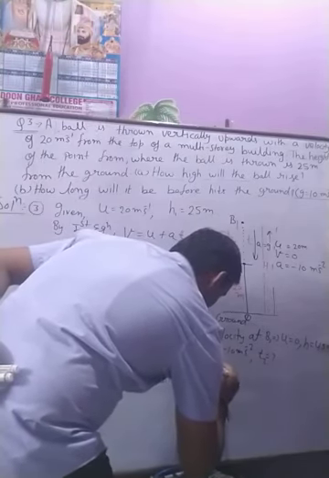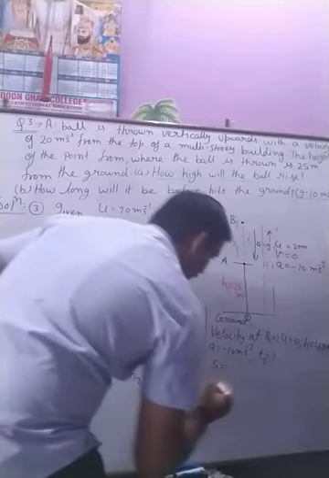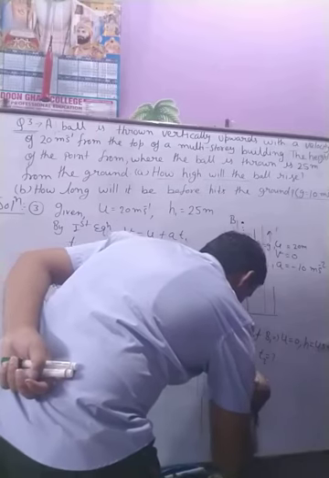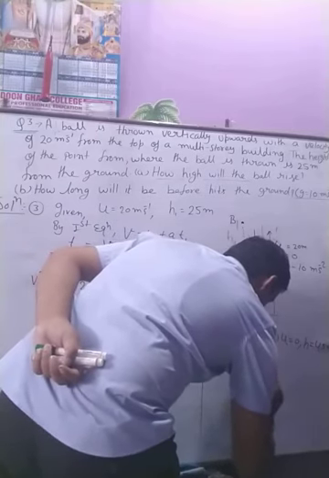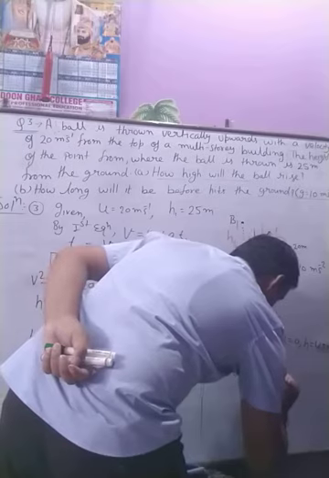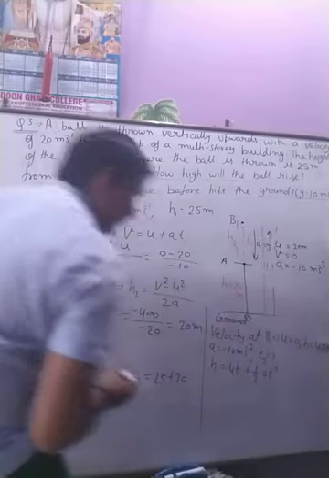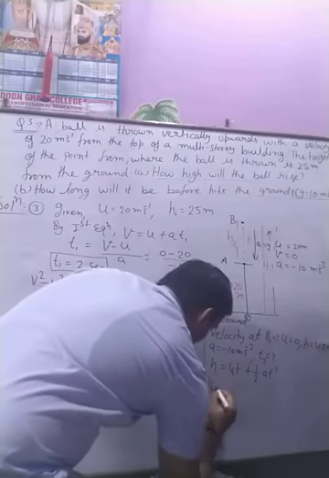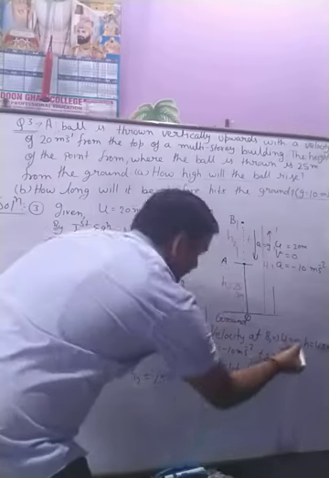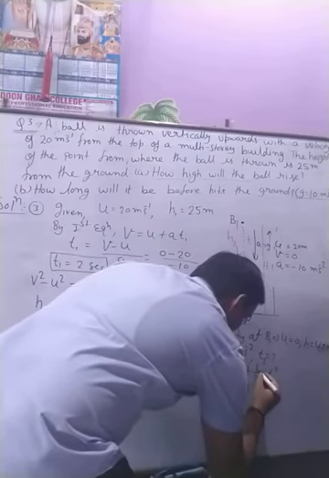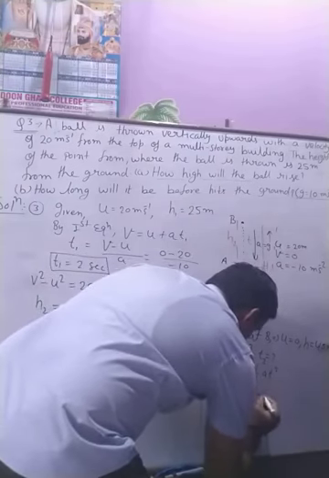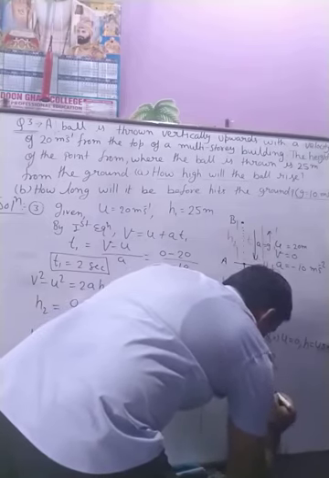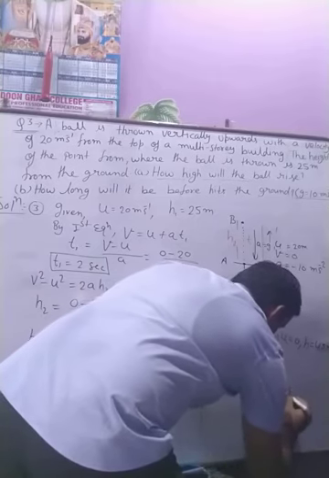Therefore by second equation we have S, or we say H, is equal to ut plus half at square. Okay, now this is 45, u is 0, plus 1 by 2 into minus 10 into t square.